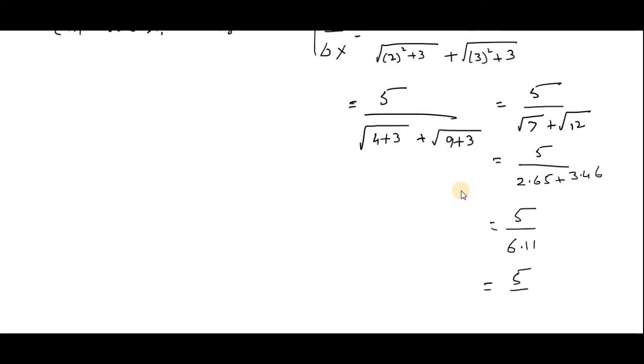So 5 over 6 is the average rate of change. This is our answer. Now question number 5.